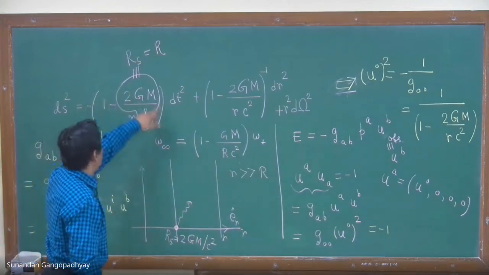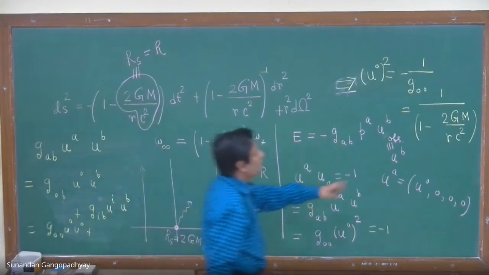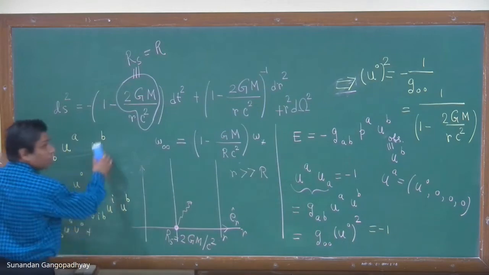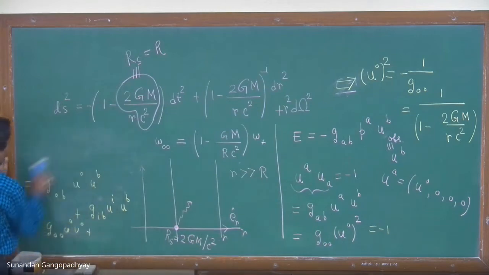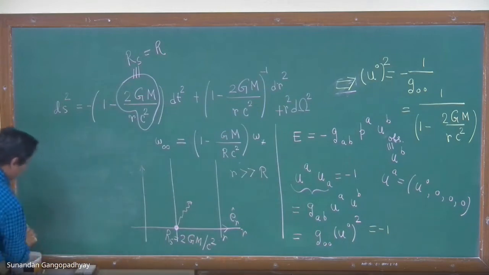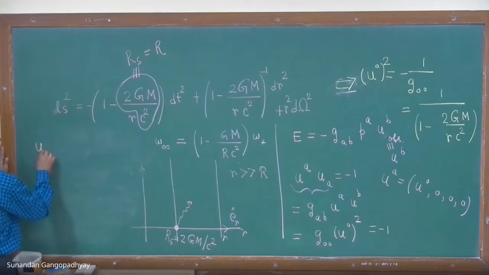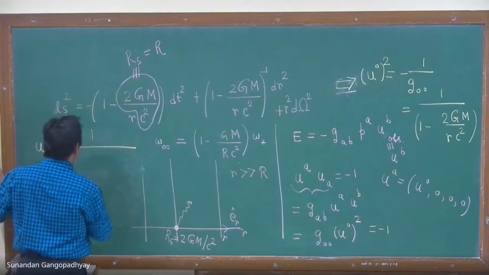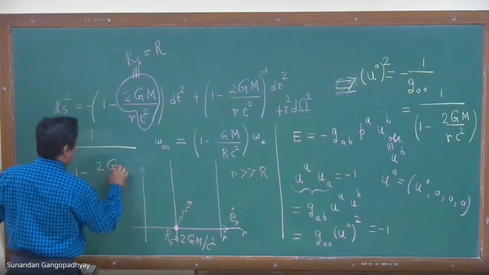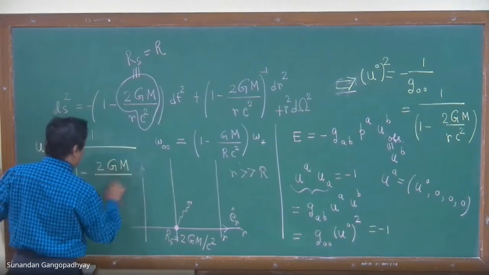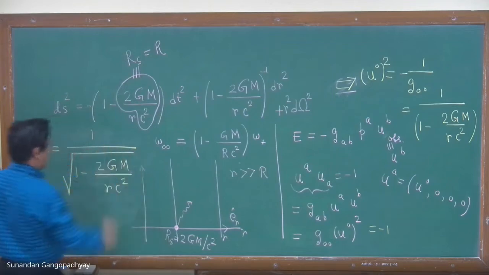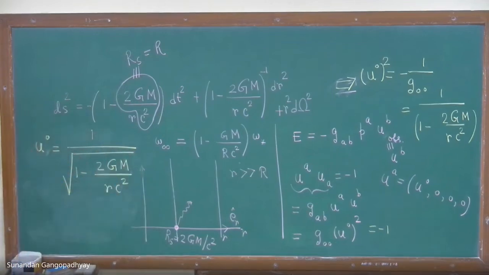G00 is this full thing. So minus minus cancels and you have this. So if you have this, then this therefore means that U0 is equal to, okay, this is what U0 is.